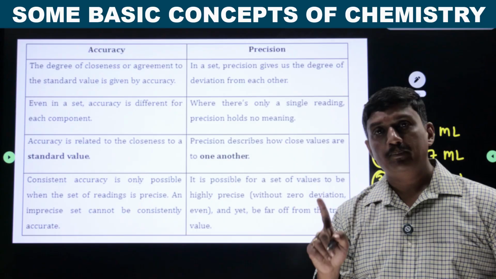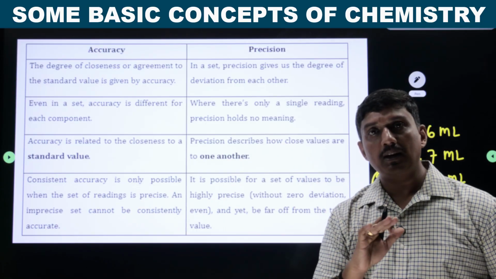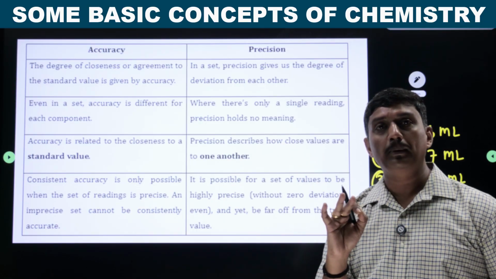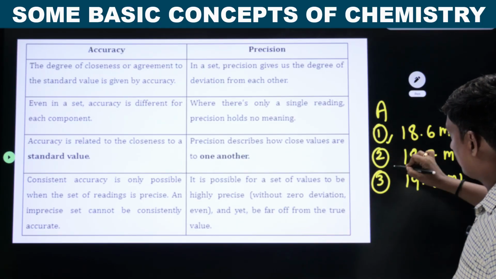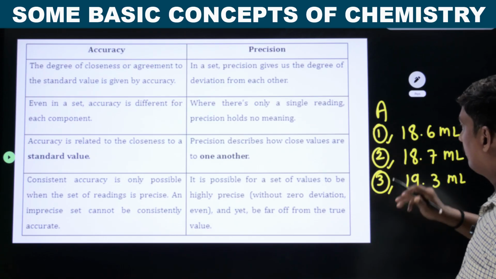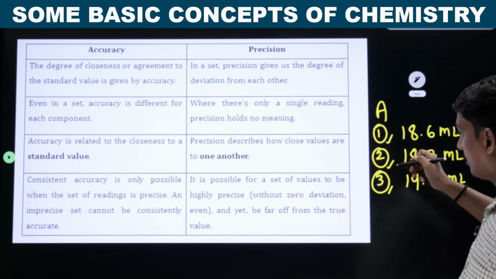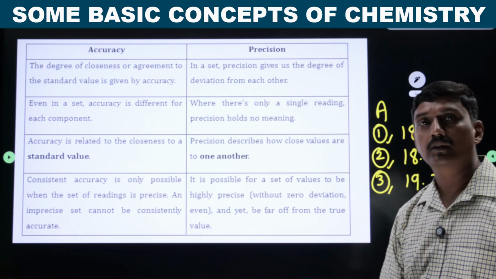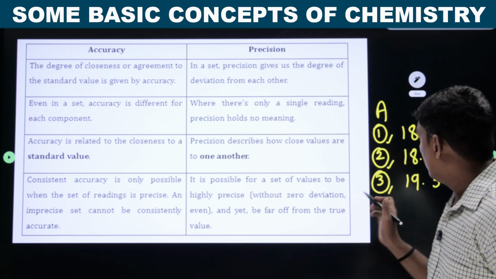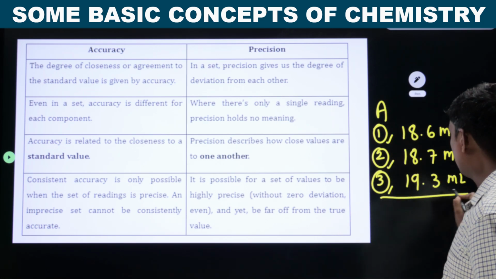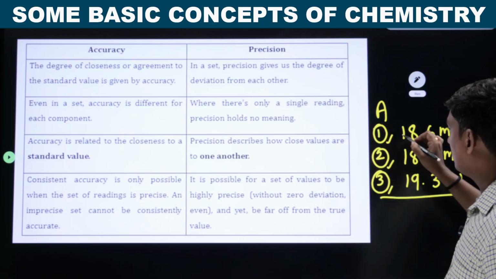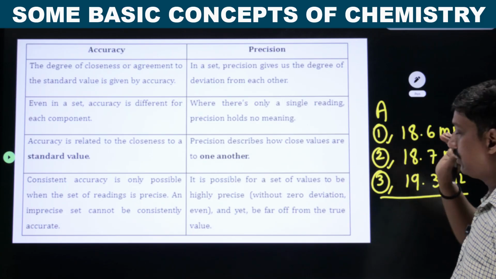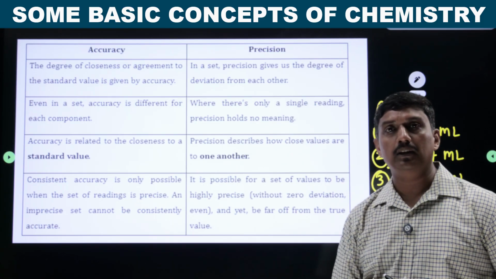Same experiment, same person, under the same condition, the experiment was conducted, but the results are different for trial 1, trial 2, trial 3. Now just observe, the value is 19.3. This value is not matching either with the first or the second.